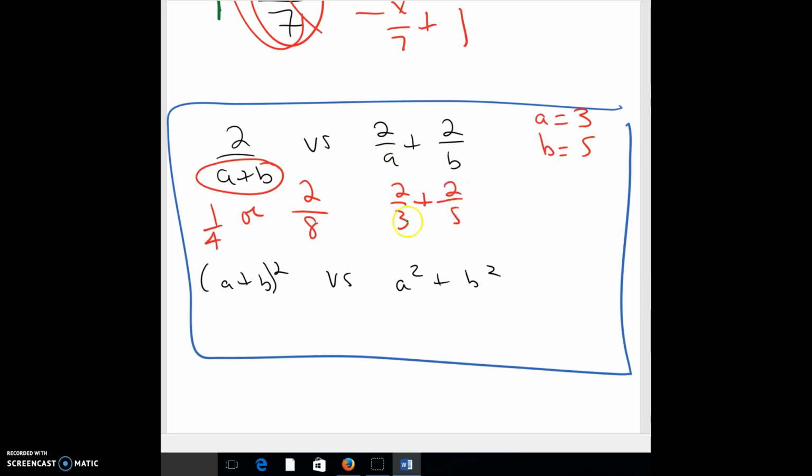If I'm going to add those, remember it's kind of a pain in the bottom. You gotta get a common denominator. So I get 10/15 plus 6/15, which is 16/15. So as you can see, this does not equal that.